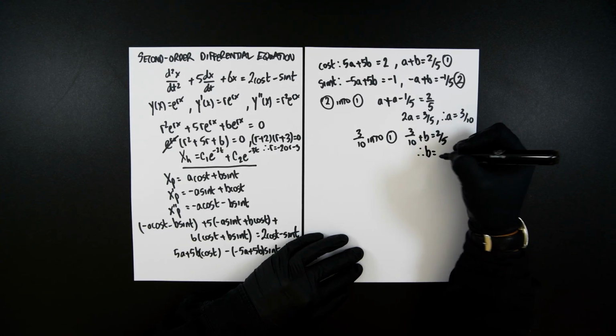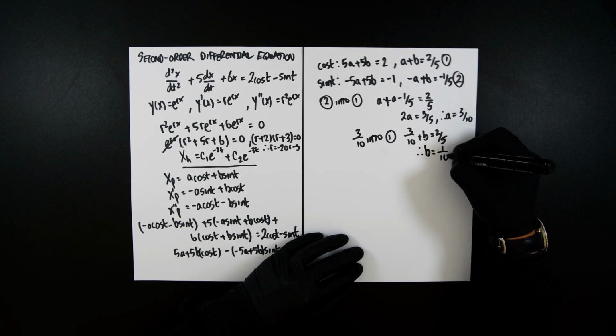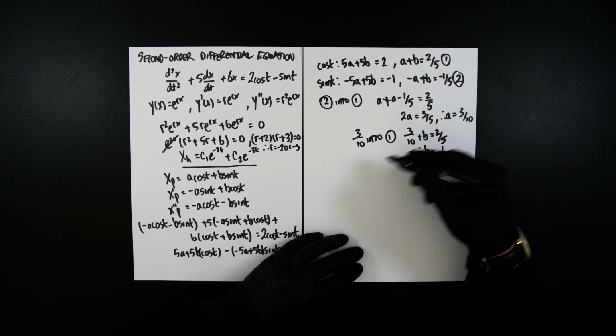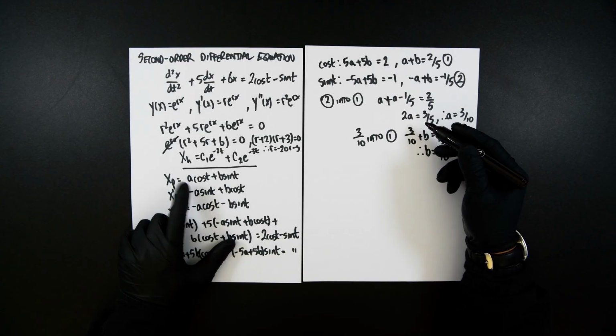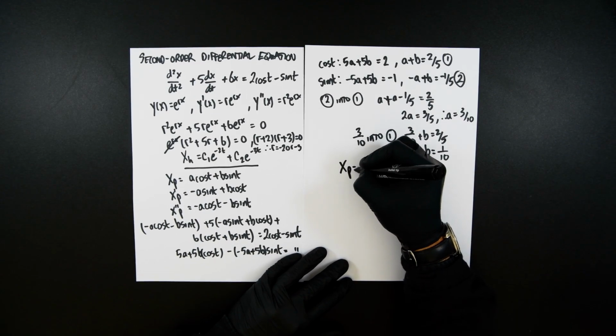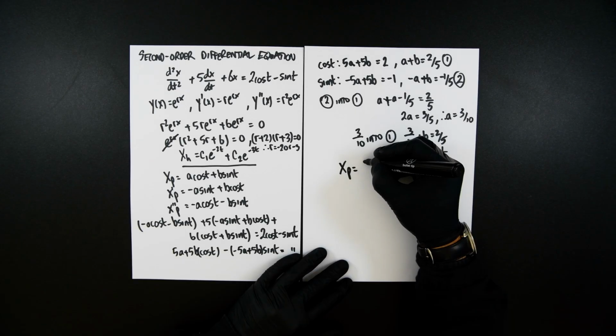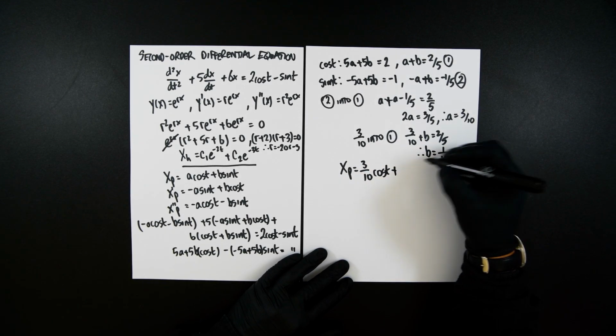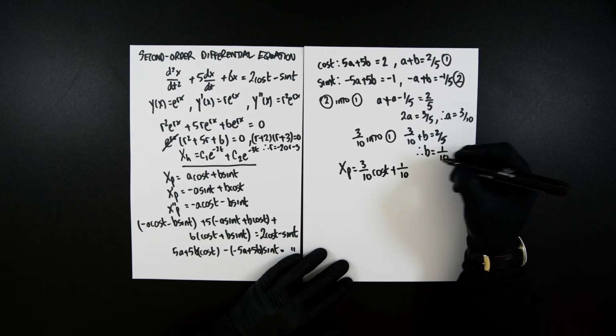So therefore, b is going to be 1/10. So x_p is going to be a, which is 3/10 cos t, plus b, which is 1/10 sine t.